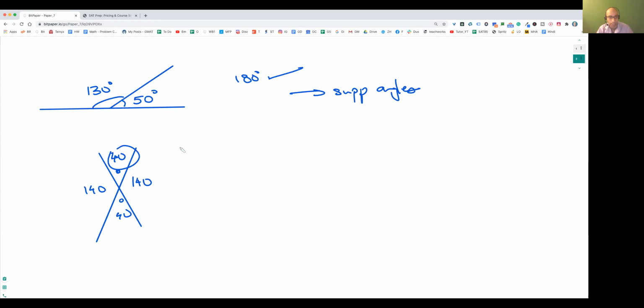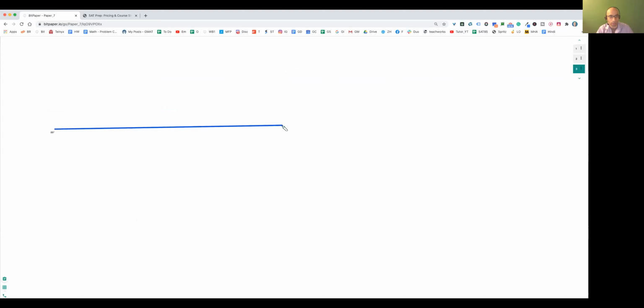Now let's build on these ideas. Remember what I've told you about supplementary angles. Let's think about this particular angle. You already know these are supplementary, so if this is 40, this is going to be 140. Now let's think about another property of triangles: all the angles in a triangle add up to 180.